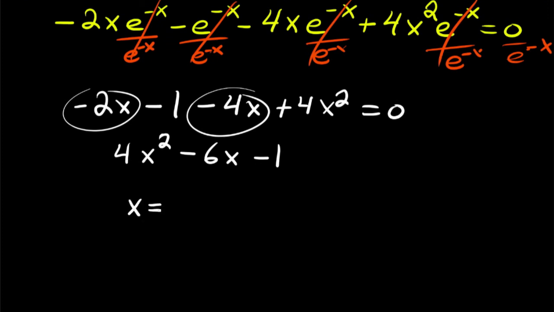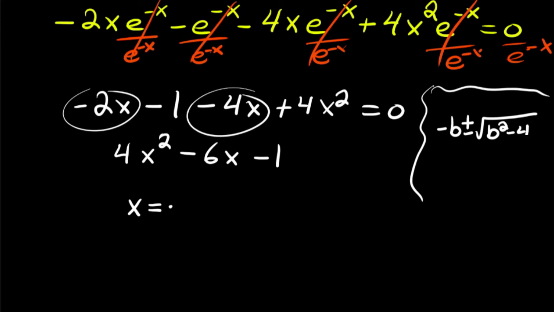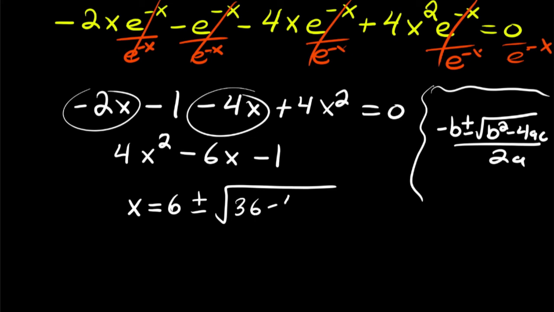Okay, now this guy, since it's not factorable, we're going to use the quadratic formula. Alright, so let's write down the quadratic formula: x equals negative b plus or minus the square root of b squared minus 4ac, all over 2a. Okay, so then we have 6 plus or minus the square root of 6 squared, which is 36, minus 4 times a, which is 4, times c, which is negative 1, all over 2 times 4.